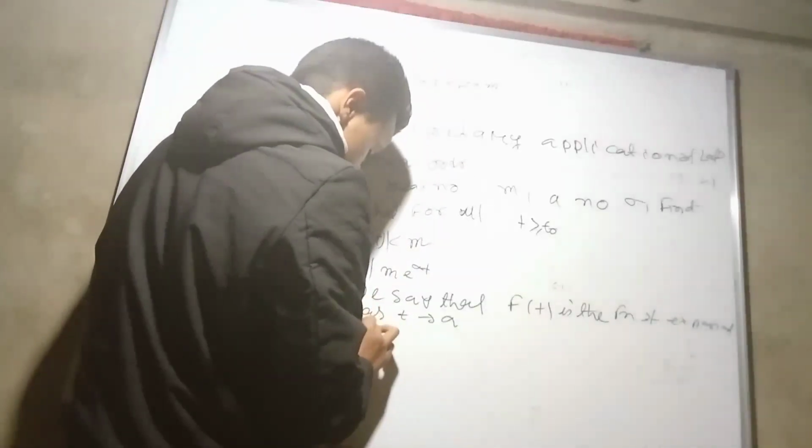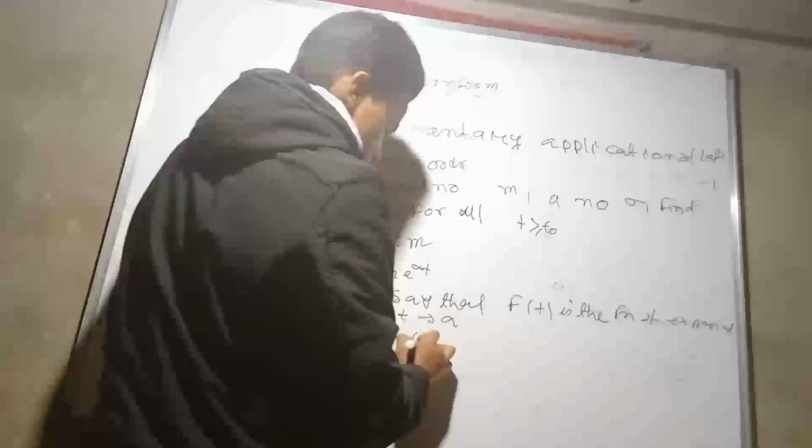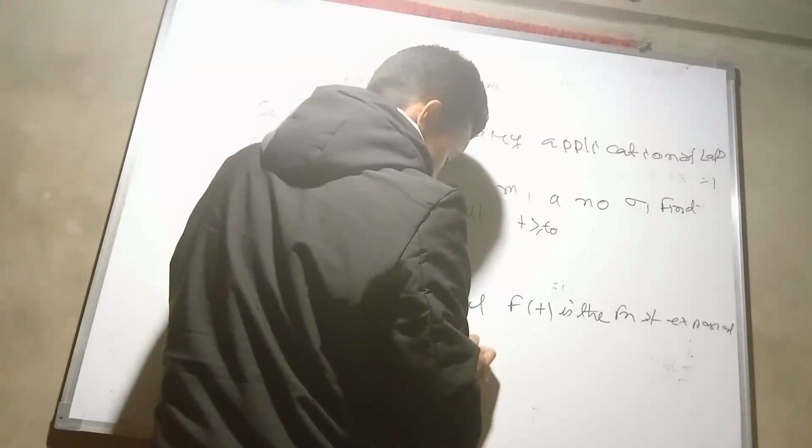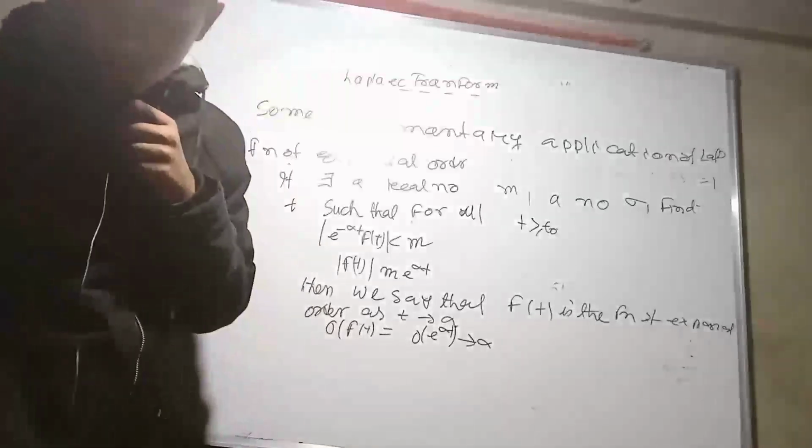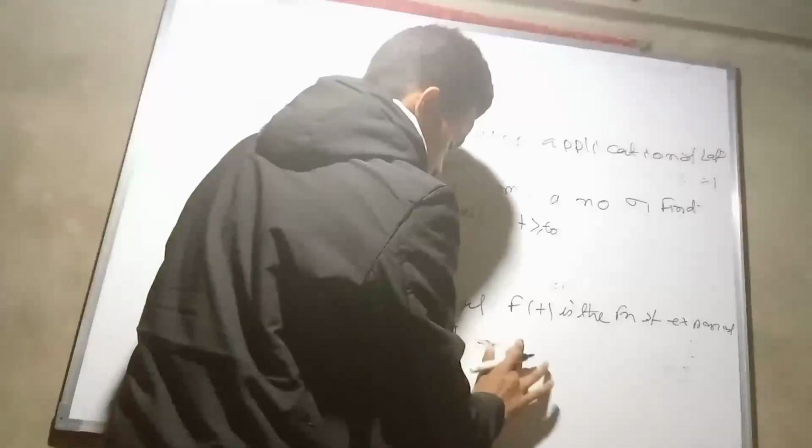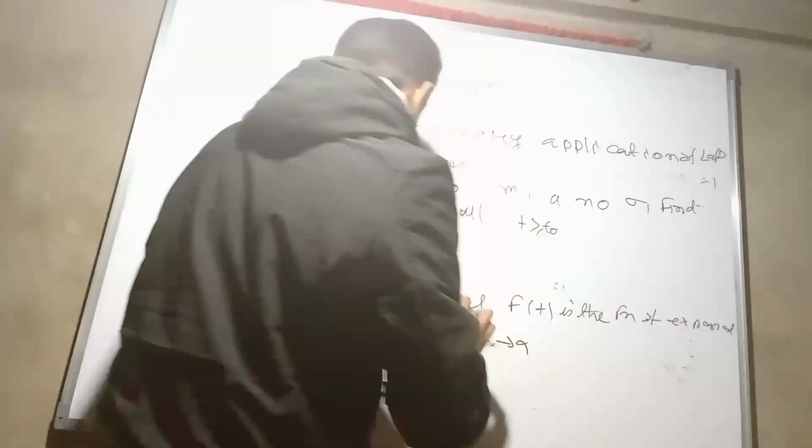Then the order of f of t equals the order of e to the power sigma t as t tends to infinity.